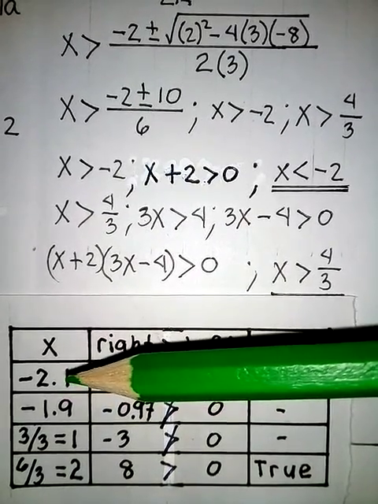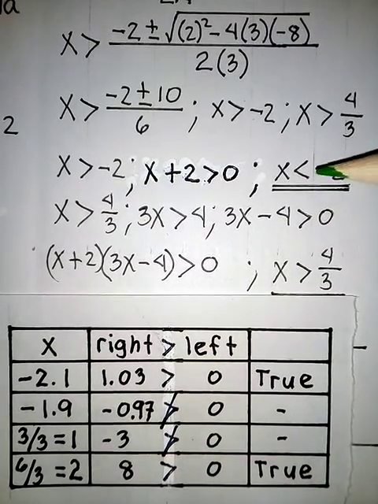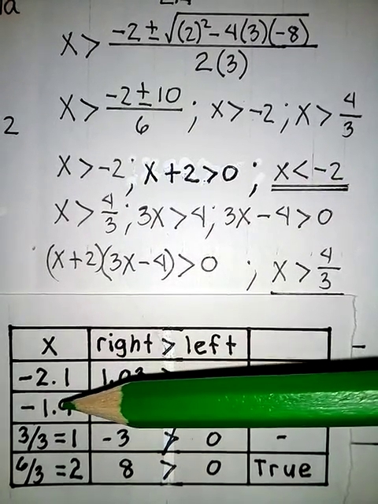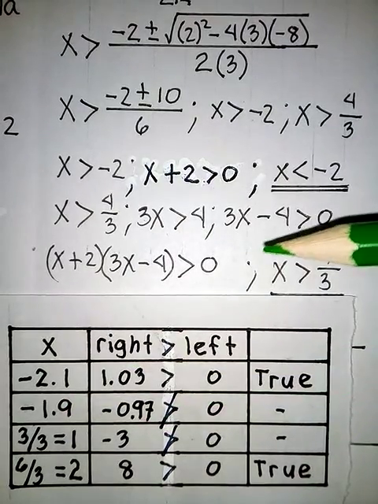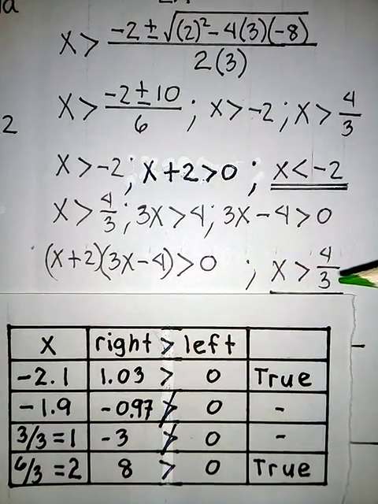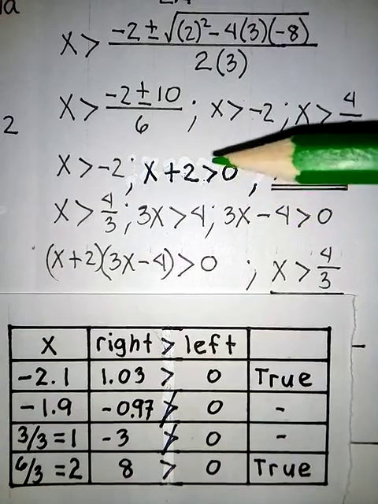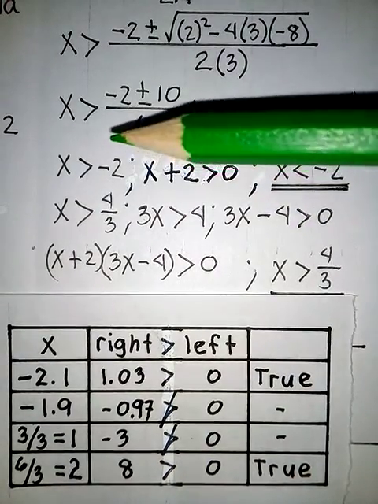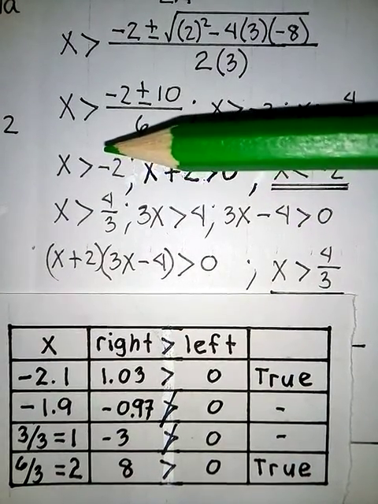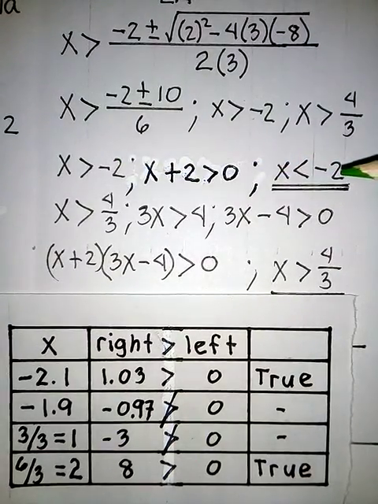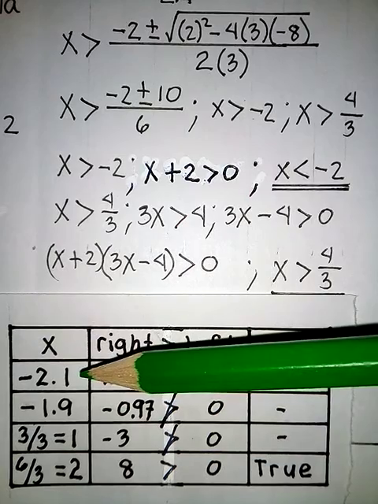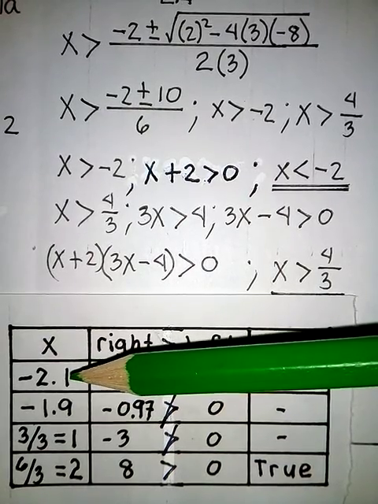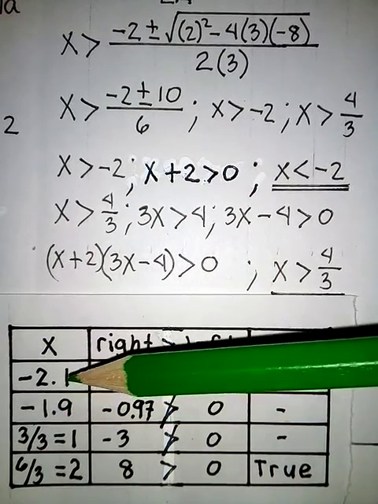So, the boundary values for negative 2 are negative 2.1 and negative 1.9. And then, later, the boundary values of 4/3. So, let us first analyze: is it x greater than negative 2 or x should be less than negative 2? We have here the boundary values of negative 2, negative 2.1, and negative 1.9.